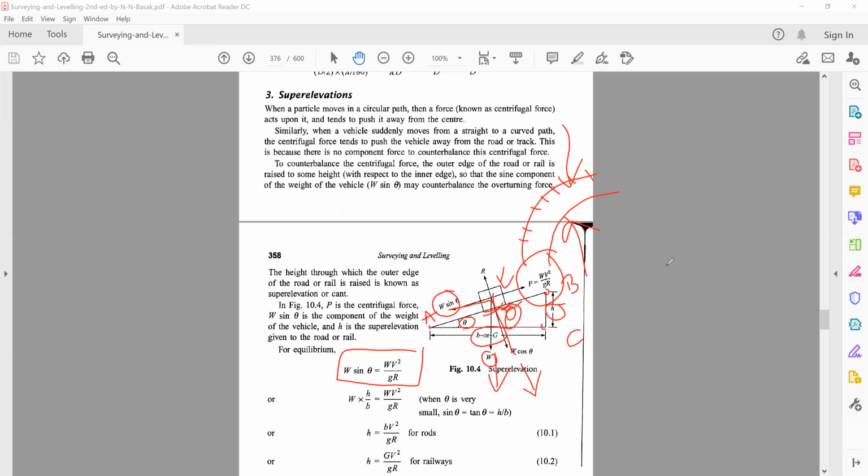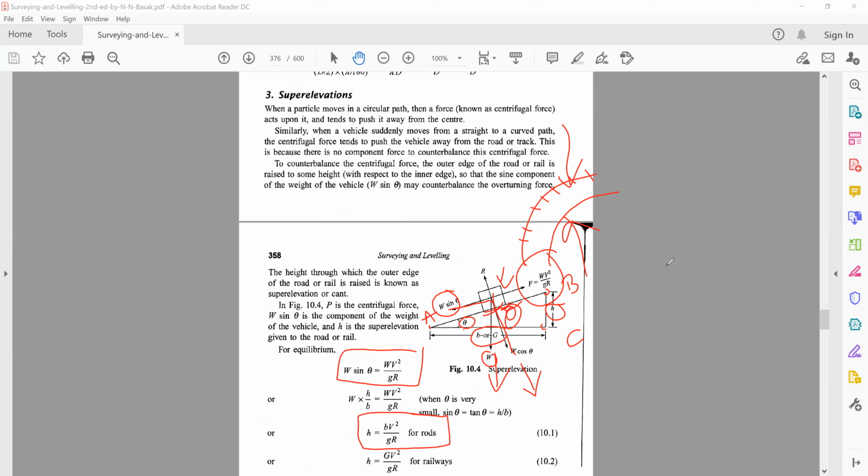So it becomes W into h over b is equal to W v squared divided by g r. Now, if you rearrange, you can calculate the super elevation that needs to be provided so that the weight component and the centrifugal force counter each other and form an equilibrium.